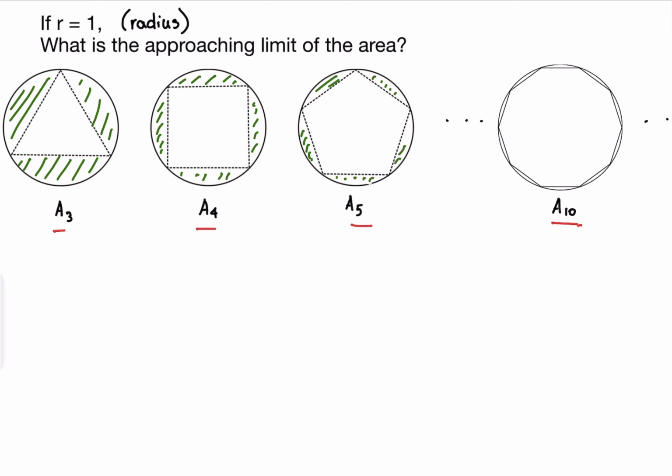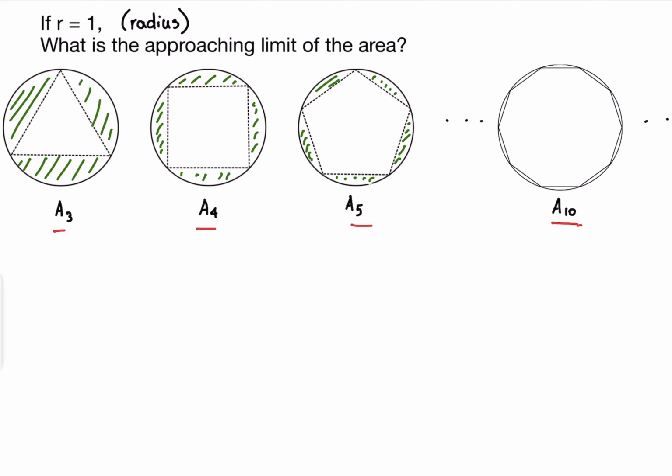Moving on to the decagon, there's barely any area that you can see. So we're just increasing n, which is the number of sides of the polygon, to get closer to the area of the circle.